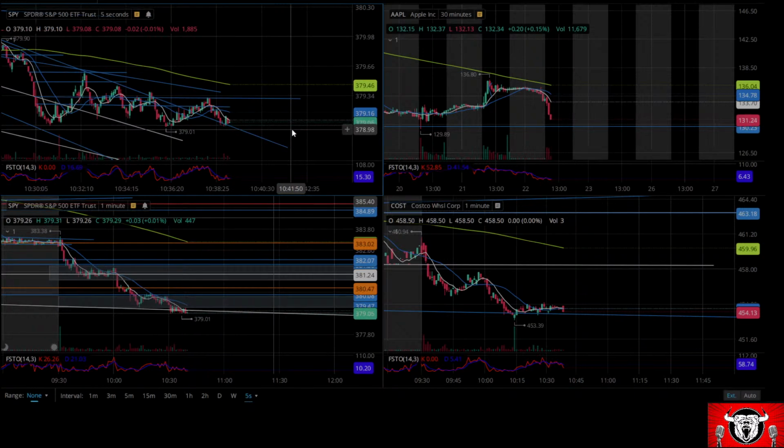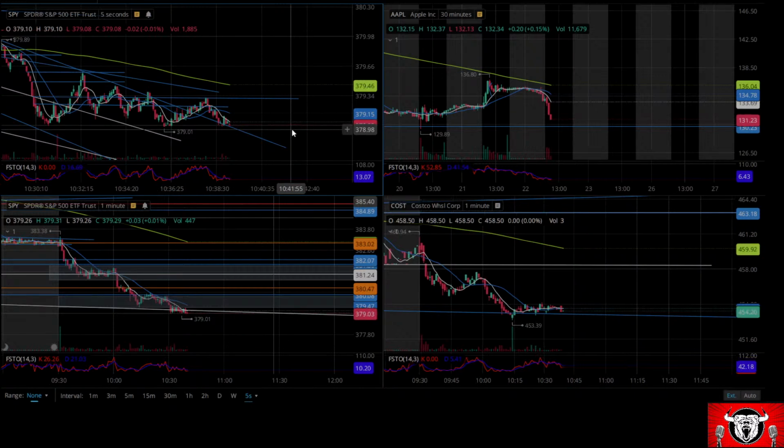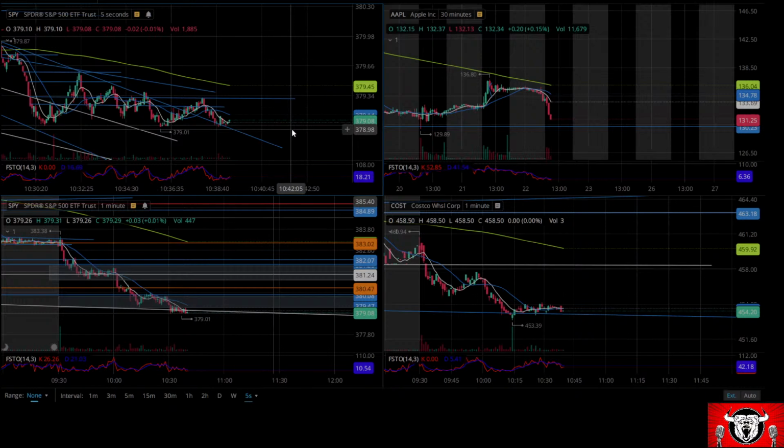They're talking, and you make the same arguments in your own mind. You're sitting there, this is the bottom, I got to go long here. Instead of just looking at the chart and being like, this could be the bottom, but this is going to give me a pattern I can recognize and just trade.